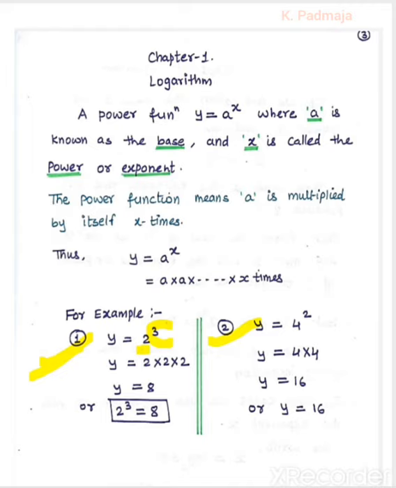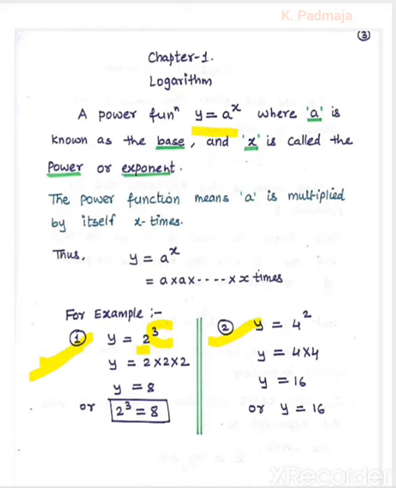So y equal to a raised to x is called the general form of the power function, where a is the base and x is known as the exponent. y equal to a raised to x means we have to multiply a, x times. For example, again we will have an example here: y equal to 4 raised to 2.